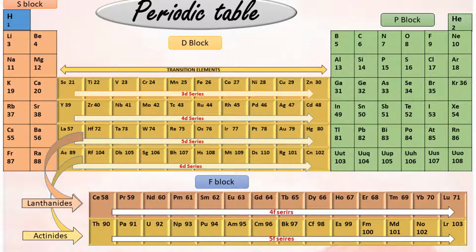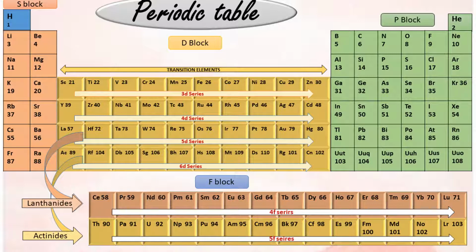Whereas in case of D and F block elements, the last electron does not enter the ultimate shell. Therefore, D and F block elements tend to show horizontal similarity.